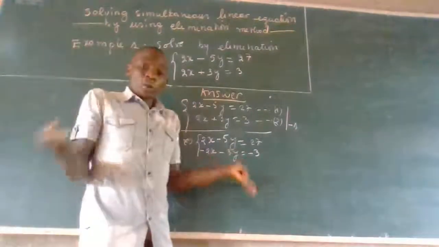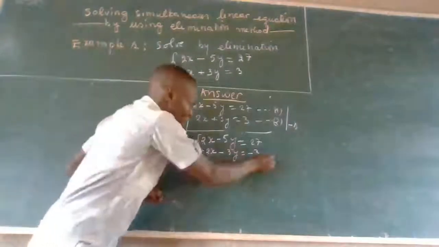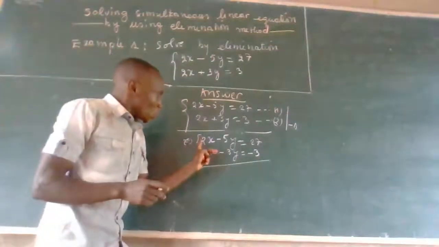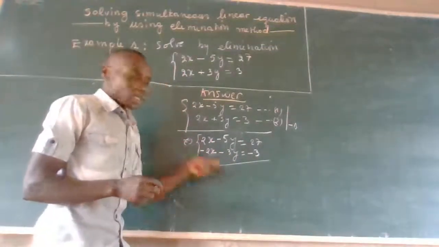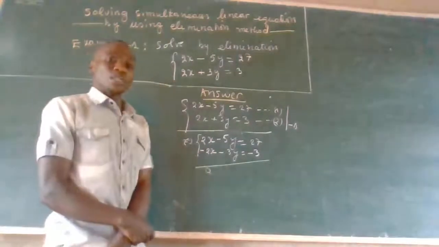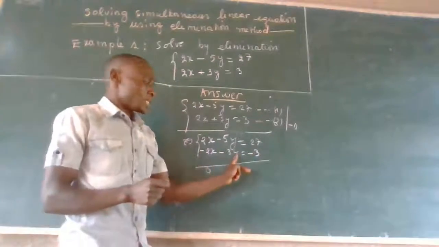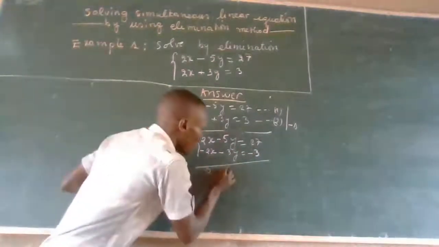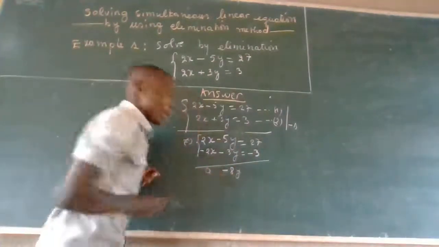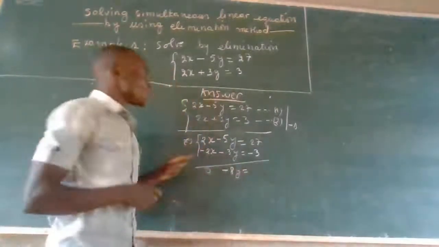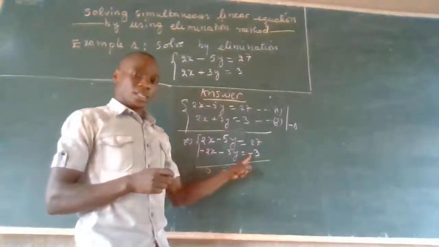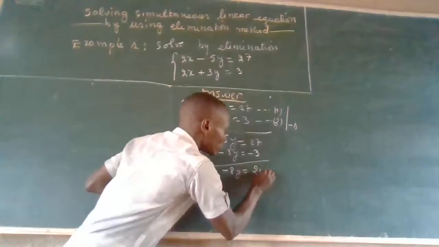Now we perform addition. 2x minus 2x simplifies to 0, and minus 5y minus 3y becomes minus 8y. This equals 27 minus 3, which leaves 24.